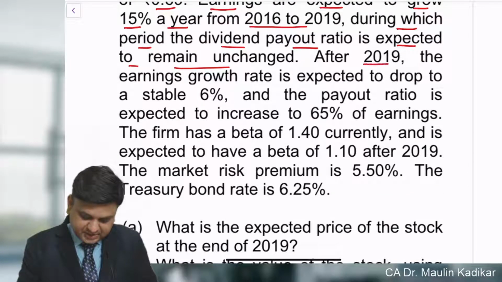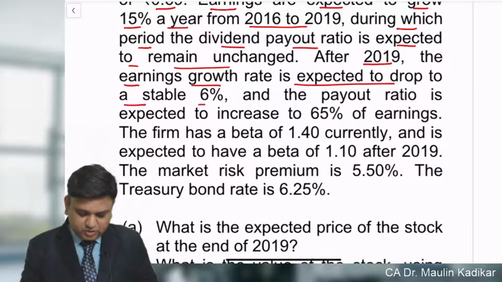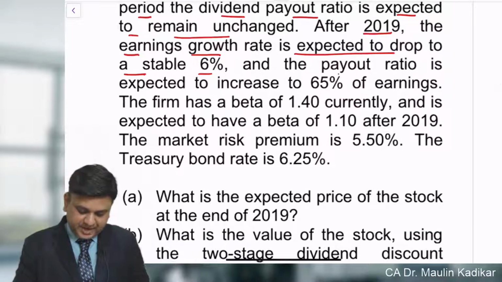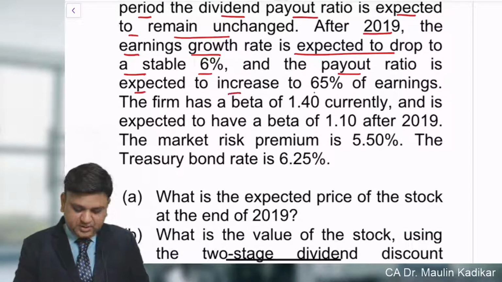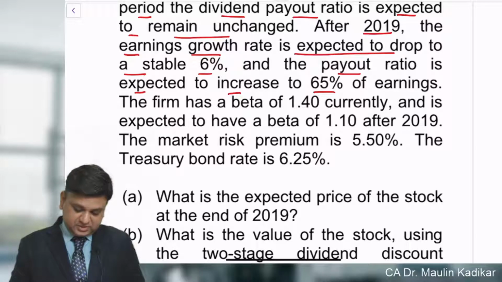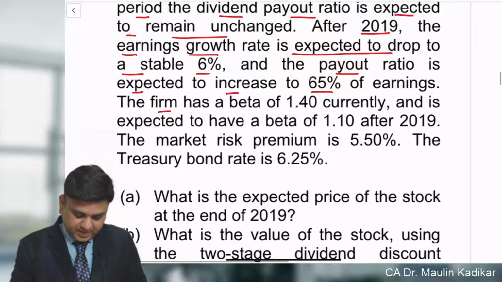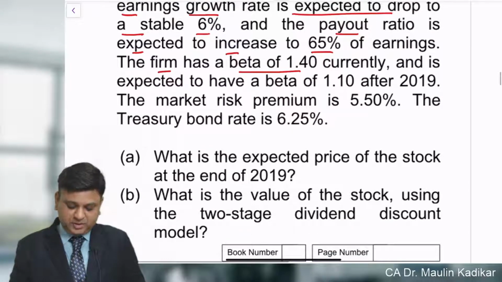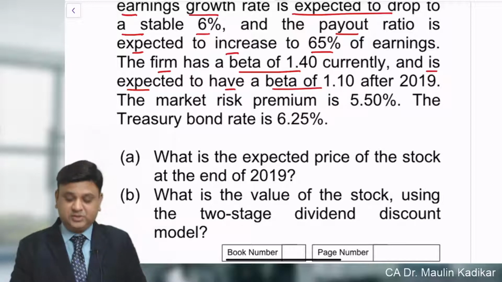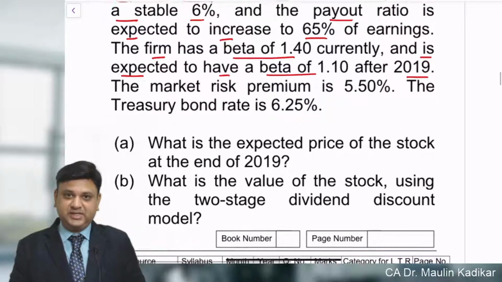After the year 2019, the earning growth is expected to drop to a stable 6%, and the payout ratio is expected to increase from 32.85% to 65%. The firm has a beta of 1.4 currently and is expected to have a beta of 1.10 after 2019.